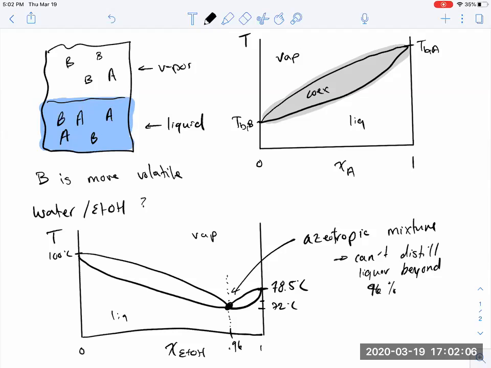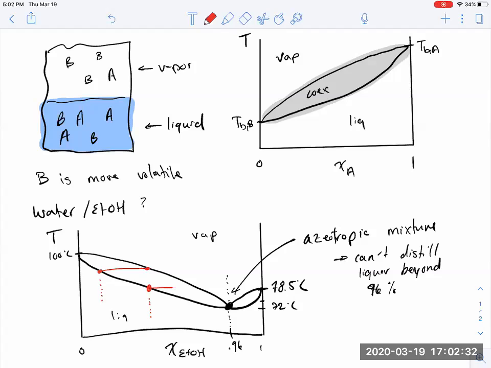So that is to say that if we were to take a solution, initially dilute in ethanol, increase the temperature, we would generate a vapor enriched in ethanol. If we collected that vapor in some way through funneling it through some glassware, recondensing it, that would give a solution that we could then heat up again.